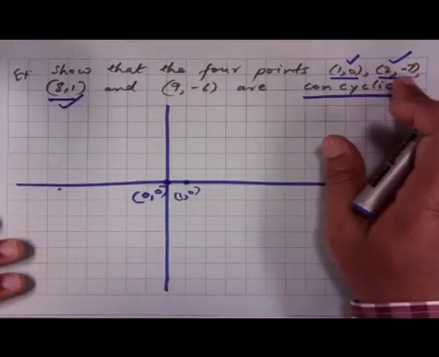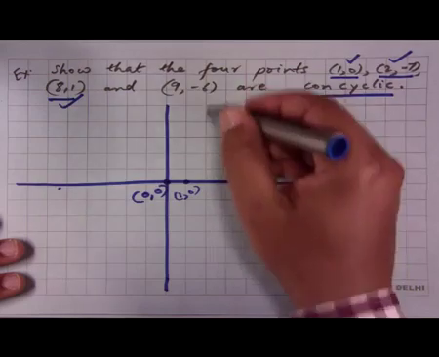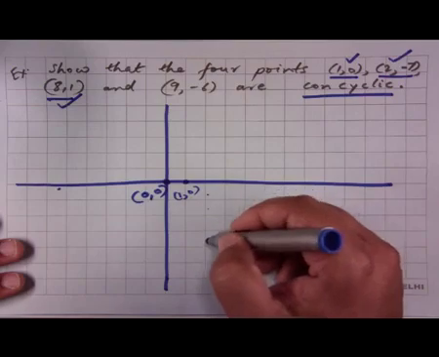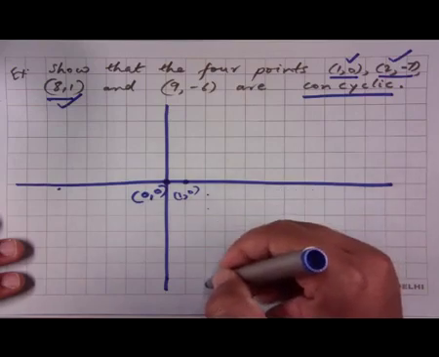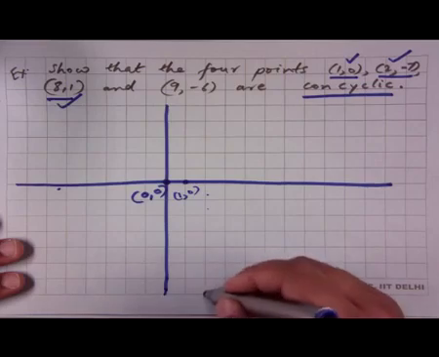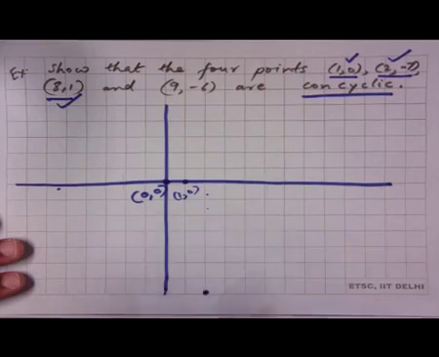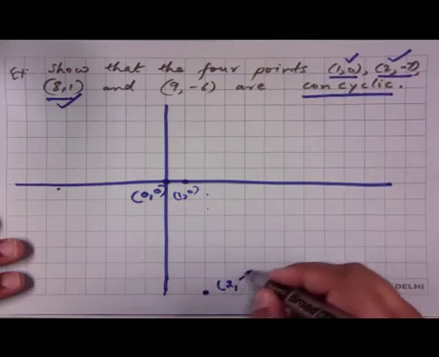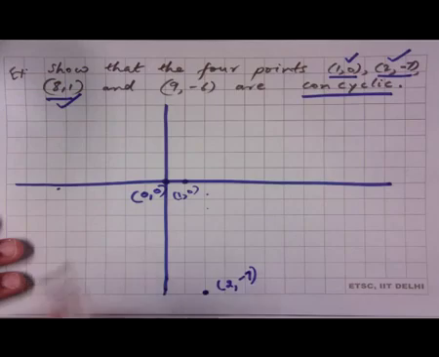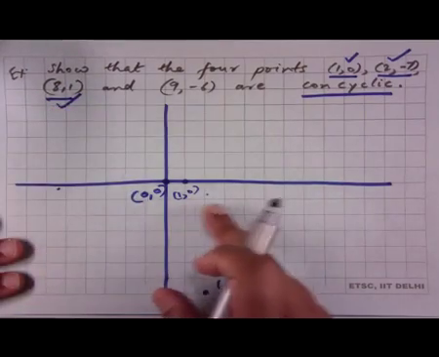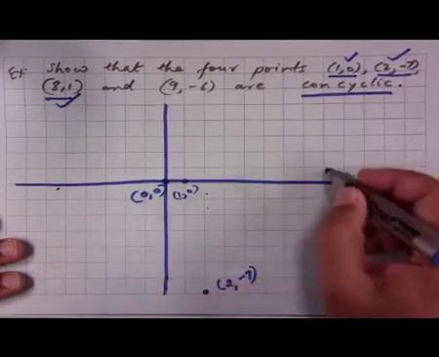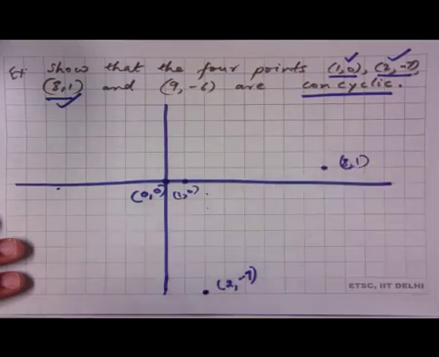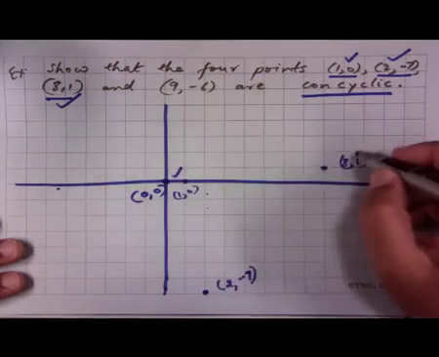The point 2, minus 7 will be somewhere on this vertical line, somewhere here, because this is 7 units. And the third point is 8, 1, so these are the 3 points.